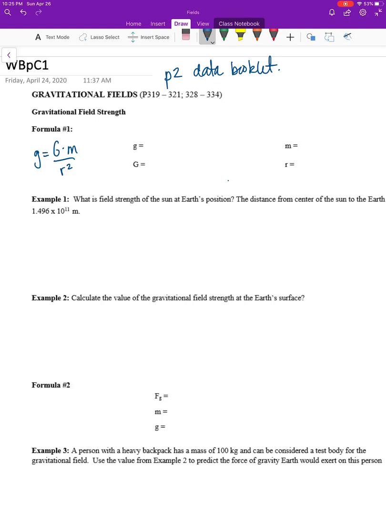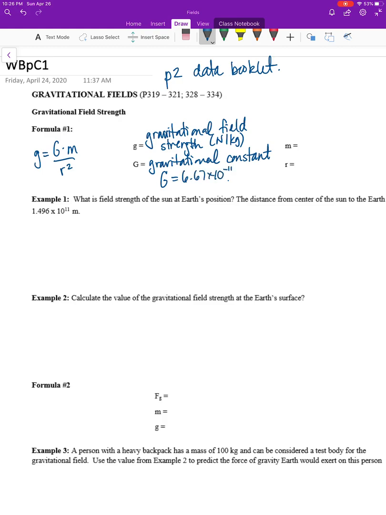So little g, again, they tell you what all the variables stand for. Little g is your gravitational field strength, and that's measured in newtons per kilogram. Capital G is the gravitational constant. So this is a value that is calculated, and capital G is always equal to 6.67 times 10 to the negative 11, and the units are newton times meter squared divided by kilogram squared.